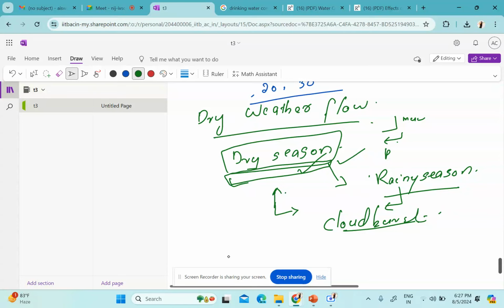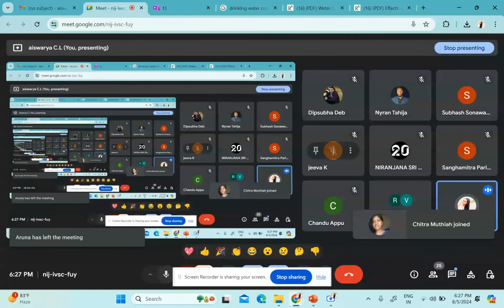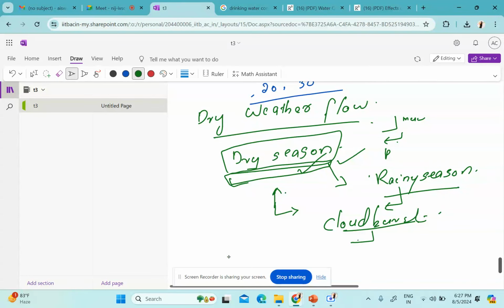That means in that area the amount of water increases very quickly in a short period of time. So the rainy season is uncertain, but what is in our hands is dry weather flow, where we know the actual amount of water from these industries.